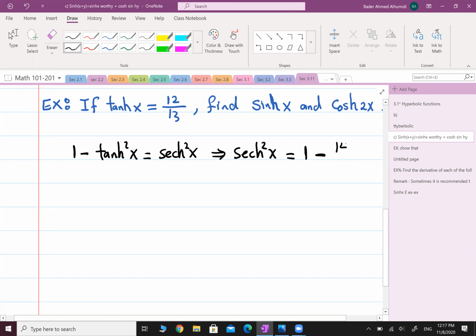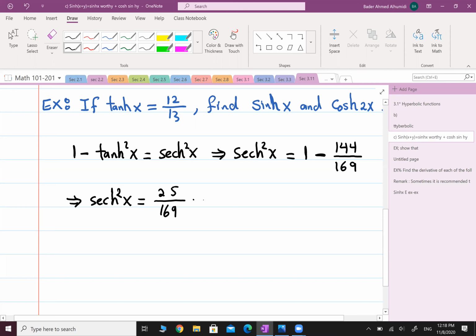That gives 144 over 169, that is 12 squared over 13 squared. So secant hyperbolic squared of x equals 169 over 169 minus 144 over 169, that is 25 over 169.